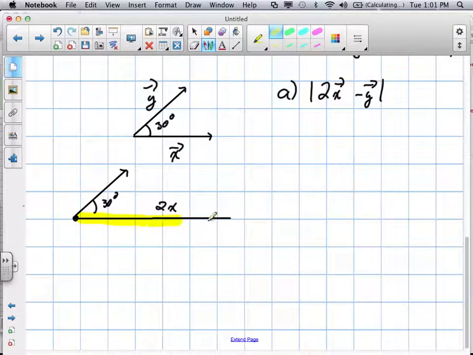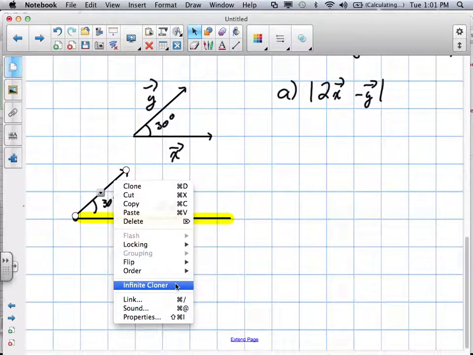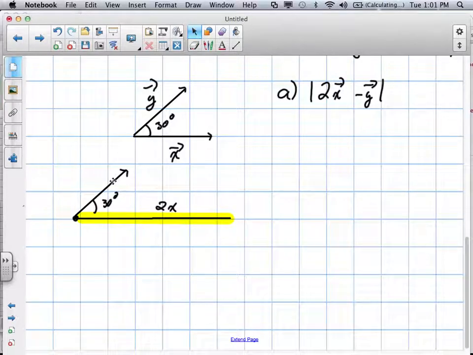We go across 2x, and then from there we're going negative y. Let's do that, it's a little easier. I take this. This would be the positive y direction. But because it's negative y, we're no longer going that direction. We're not going upwards, we're going downwards. So we put the tail over here and go the other direction.